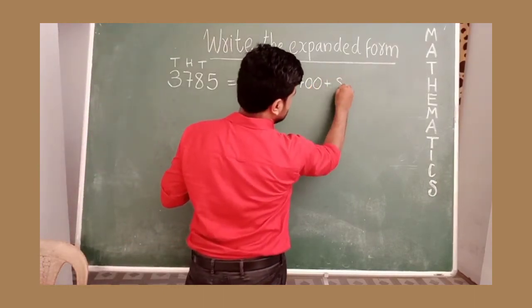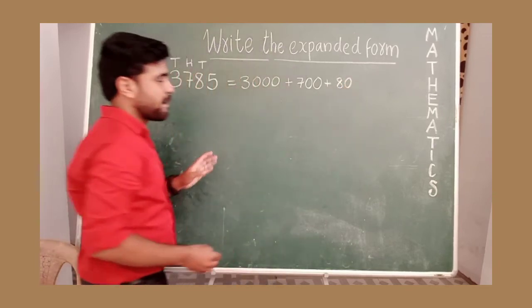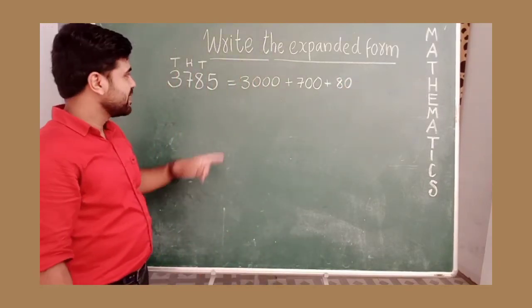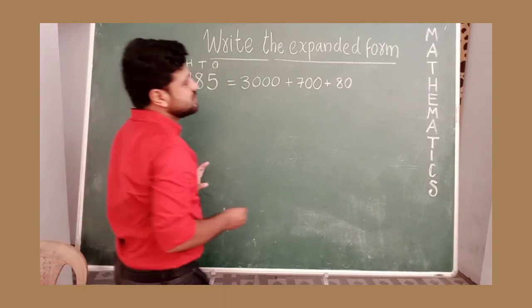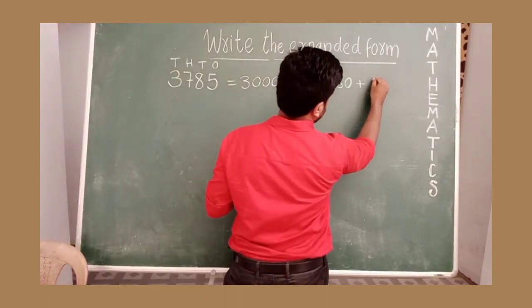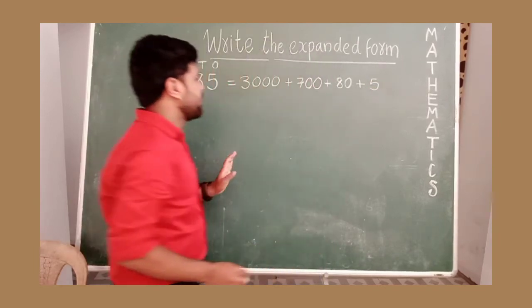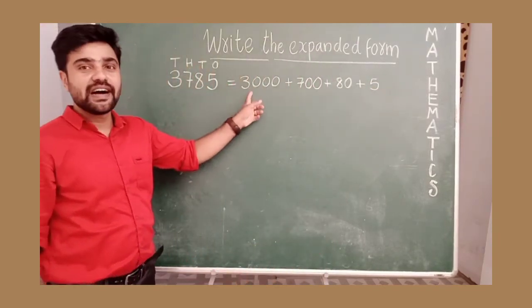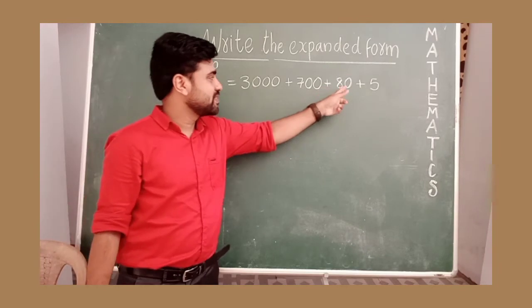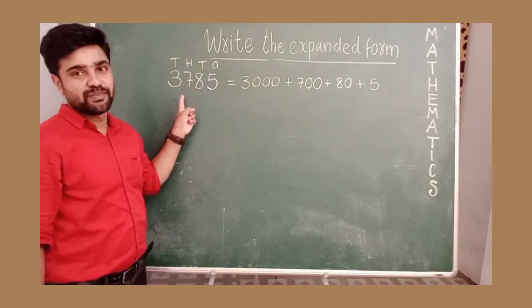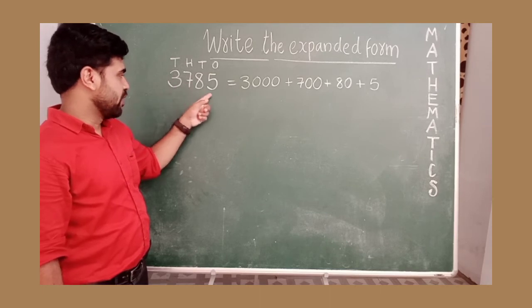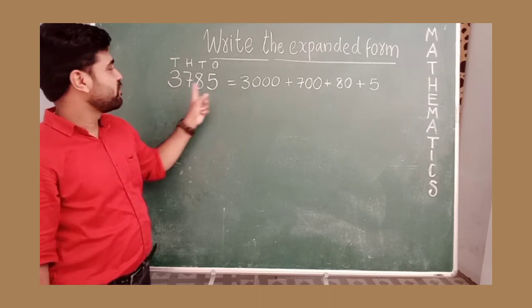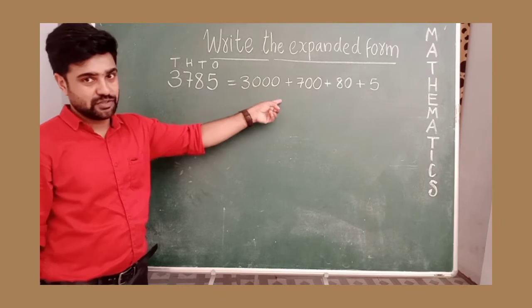So it is 80. 5 is the next number that is in ones place. So it is 5. If we add all these numbers, we will get this number, 3785. The expanded form of this number is this.